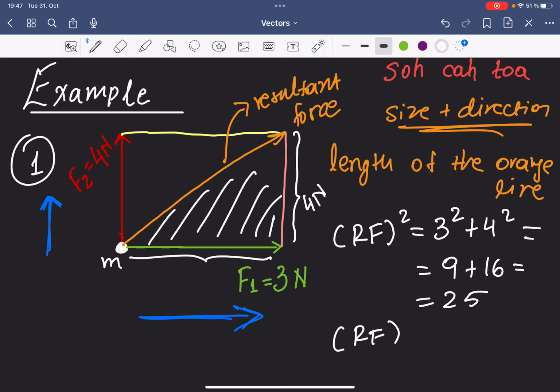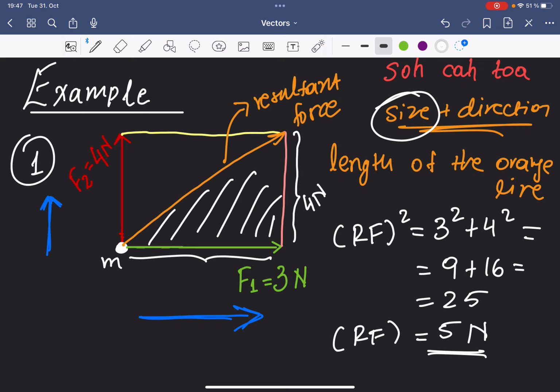So RF, the resultant force, is going to be 5 newtons, and that's the length of it. So that's the size. So we managed to find the size of it.